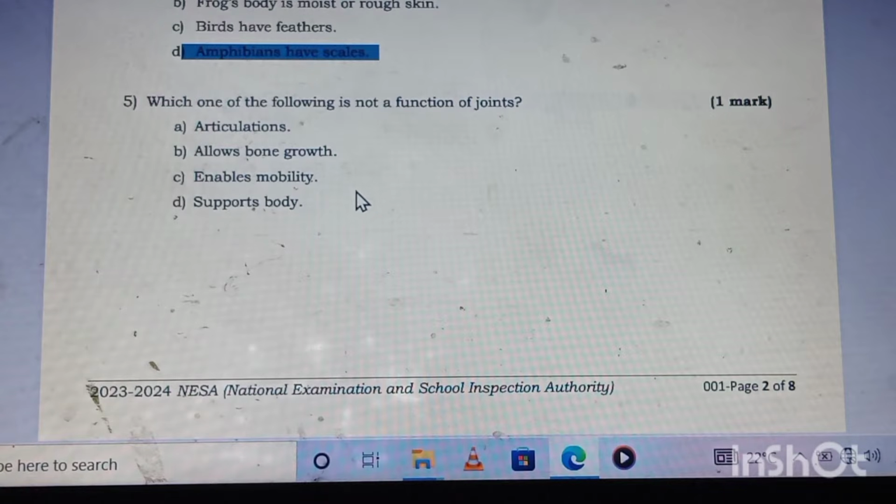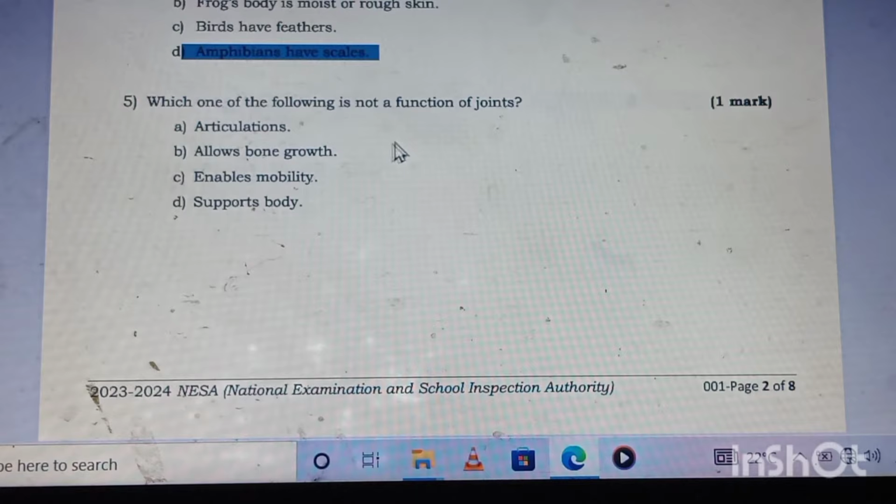Which of the following is not a function of a joint? Articulation. Allow bone growth?